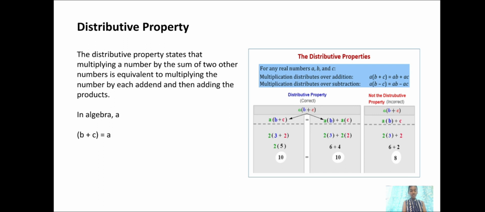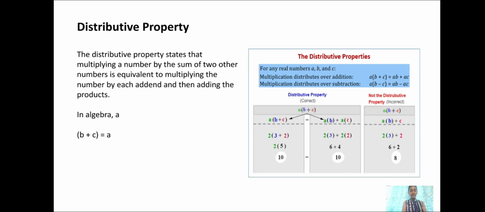Multiplication distributes over addition, that is a times (b plus c) is equal to ab plus ac. Multiplication distributes over subtraction, that is a times (b minus c) is equal to ab minus ac.